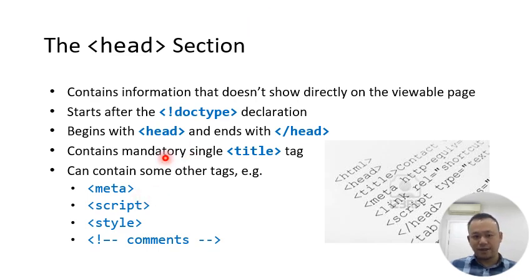So the head section is essential for search engine optimization, or SEO, specifying character encoding, controlling the page's appearance, providing metadata and including external resources necessary for rendering and functionality.